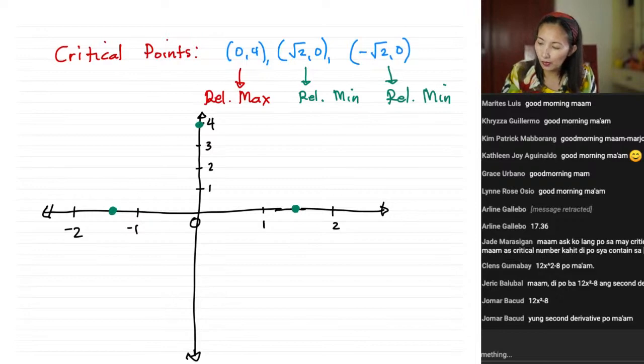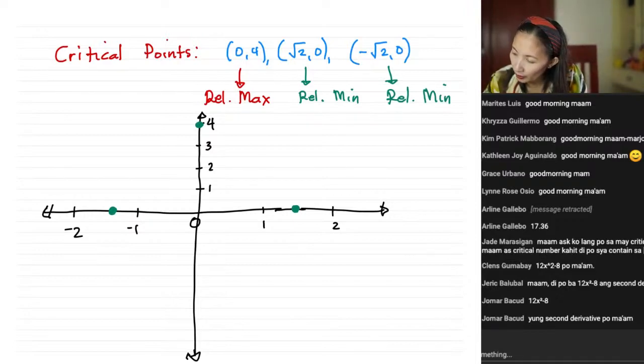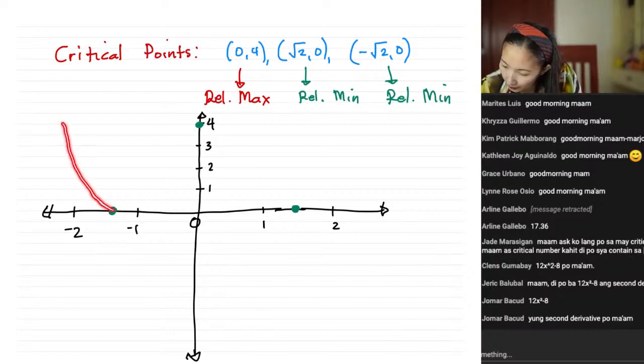Now, what did we say about negative square root of 2, 0? It's a min. It's a minimum. Meaning, if this is the minimum, this must be the lowest point. So, expect that the graph would climb up here, and this will move up until it reaches that point, 0, 4.